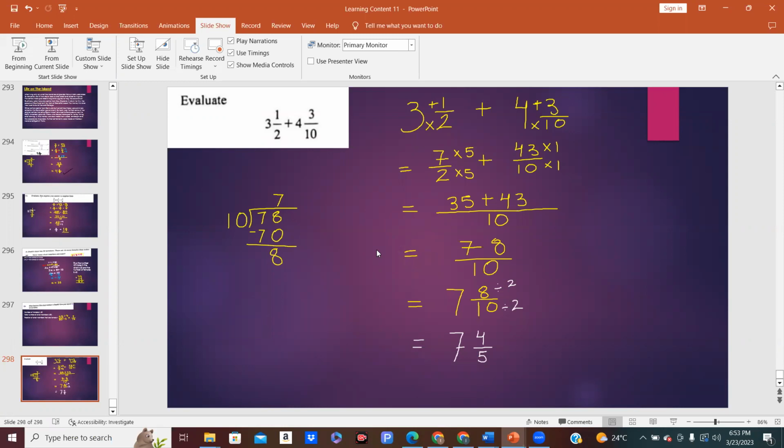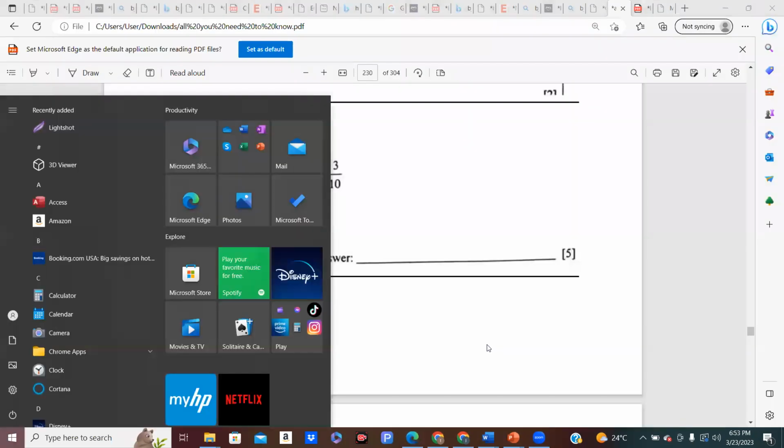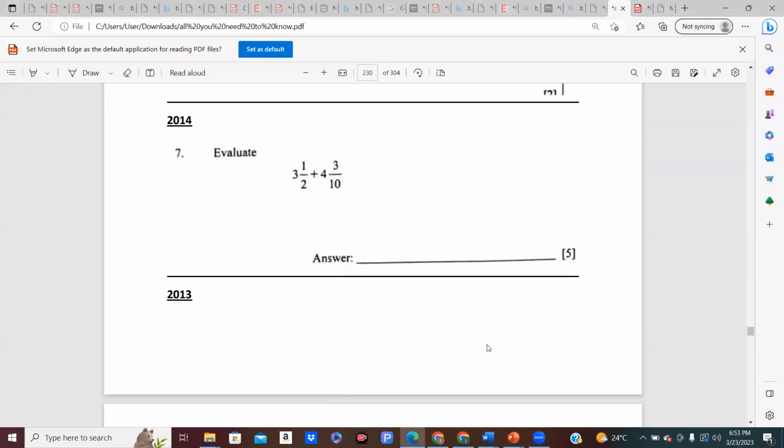You could simplify first, or do it at the end. Anytime is fine, because it's going to force you to do it anyway, since it wouldn't be in the simplest form.